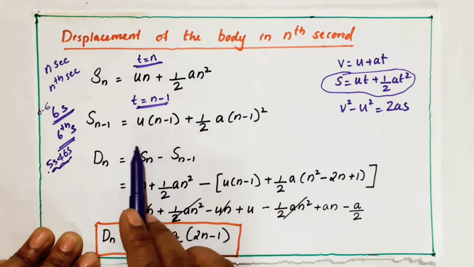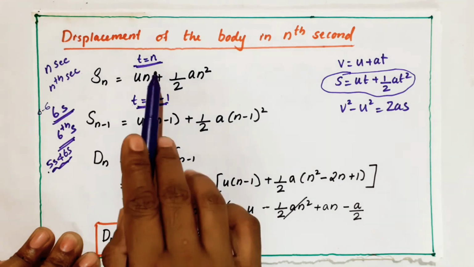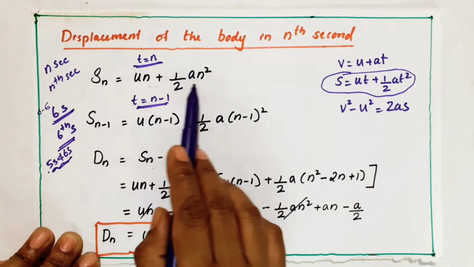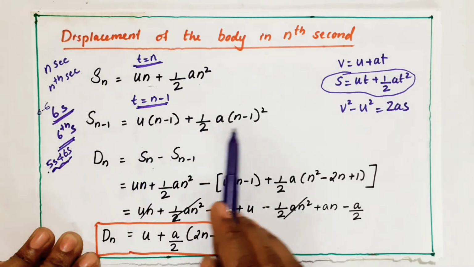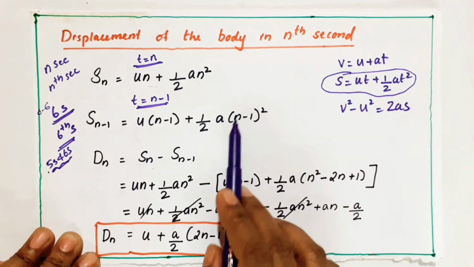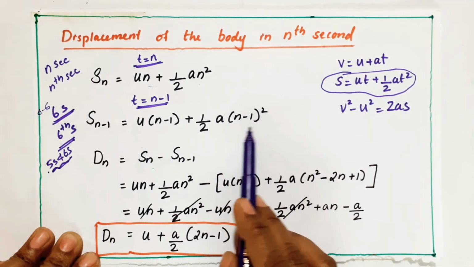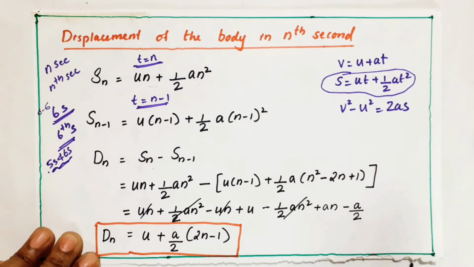That is displacement in 6 seconds minus displacement in 5 seconds. So I am substituting the equation. Sn is un plus half a n square, minus Sn minus 1, which is u into n minus 1 plus half a into n minus 1 the whole square. I expanded this: a minus b the whole square is a square minus 2ab plus b square, so n square minus 2n plus 1.